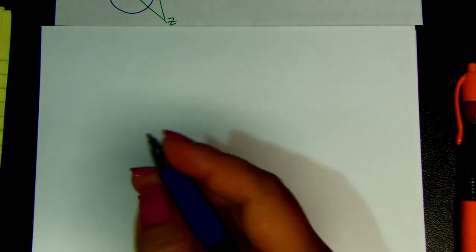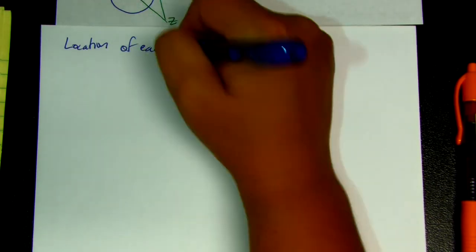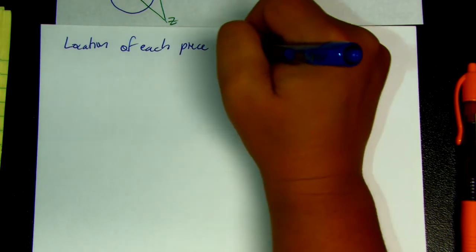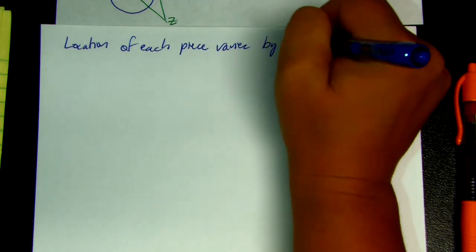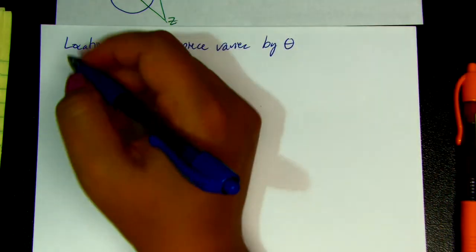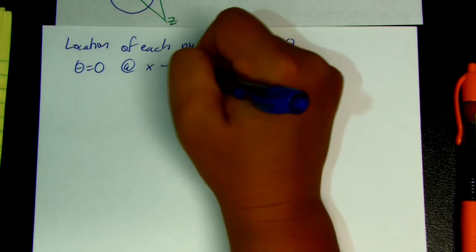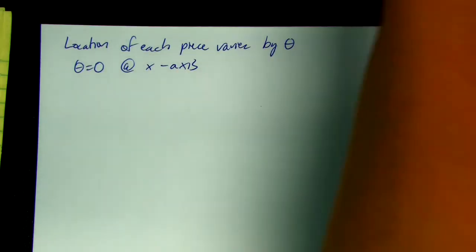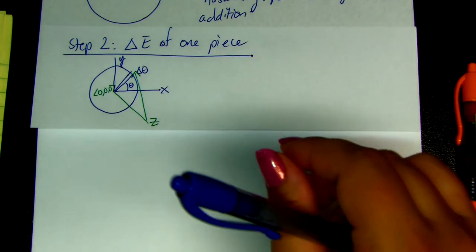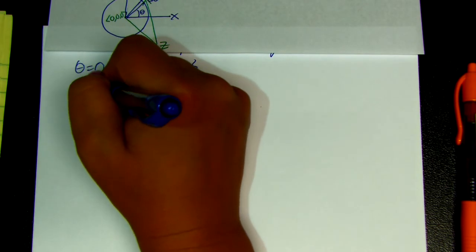All right, so the location of each piece varies by theta, which is a hint that that's going to be our summation variable. And theta will equal 0 at the x-axis. So we can see that in the way that we drew our picture. All right, so we can already identify the summation variable.